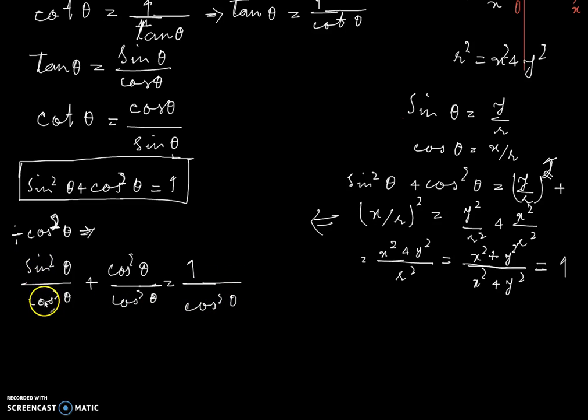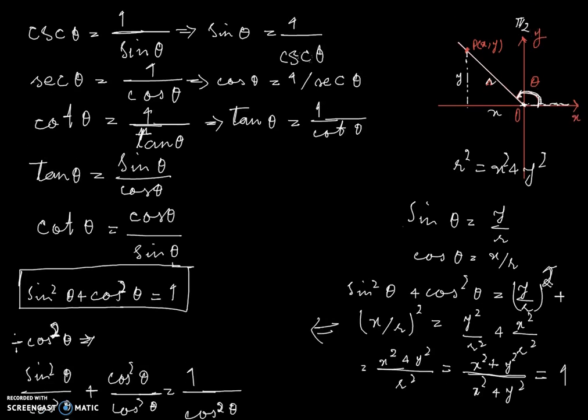So sine squared theta by cos squared theta is basically tan squared theta plus 1, this is 1, is equal to 1 divided by cos squared theta, which is secant squared theta, based on what we did up here.